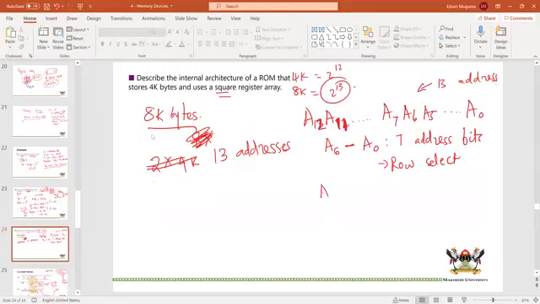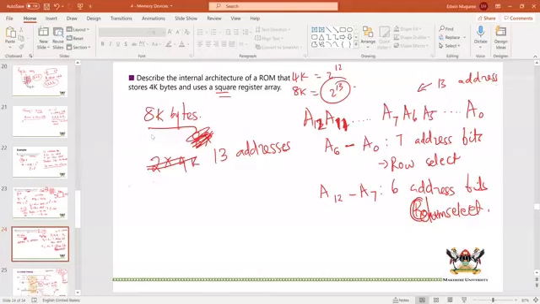And then from A12 to A7, these are going to be 6 address bits. I can use these for my column select.